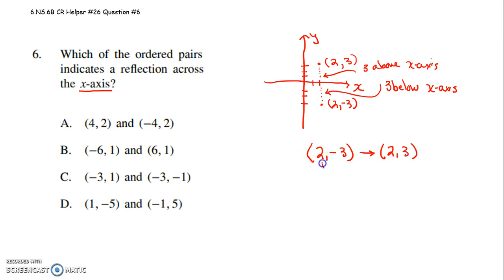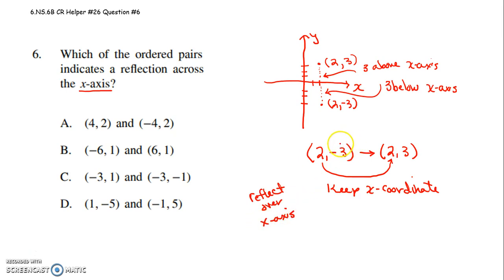And so what you actually do is you keep the x-coordinate when you reflect over the x-axis. And you change the sign of the y-coordinate. Goes from -3 to +3.